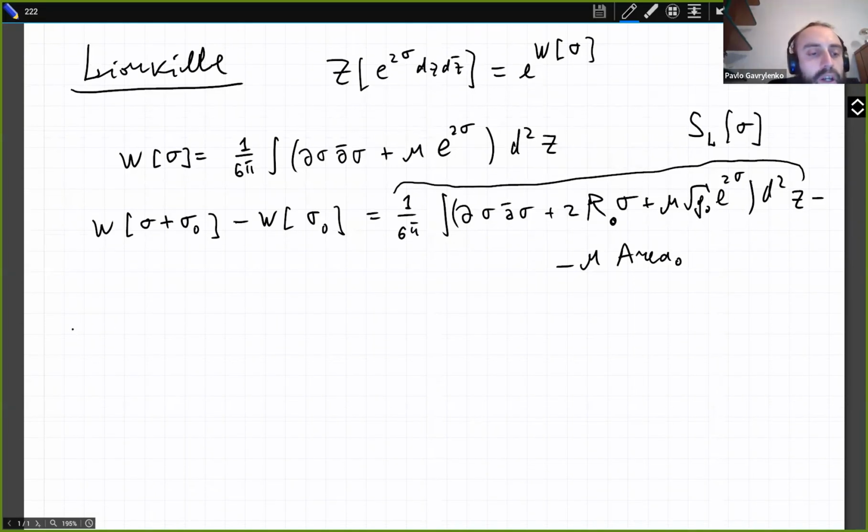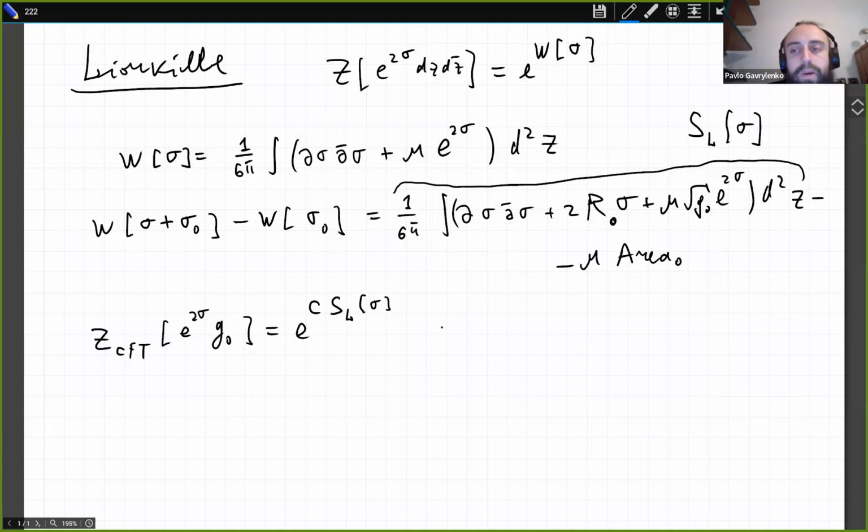Then a central charge of a CFT can be obtained from this: the CFT of e to the 2 sigma g zero is e to the c times Liouville of sigma times the CFT of g0.